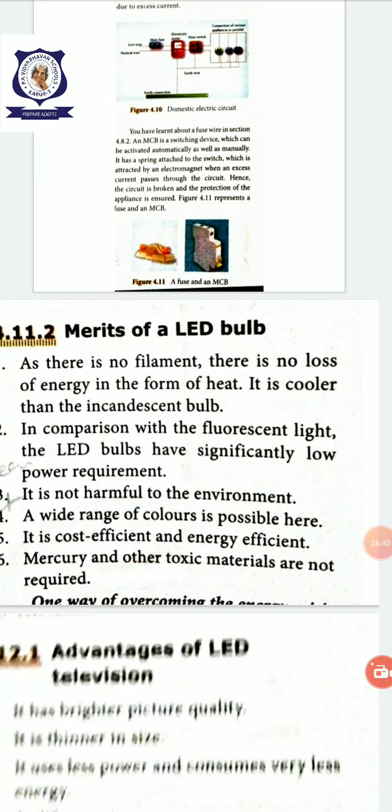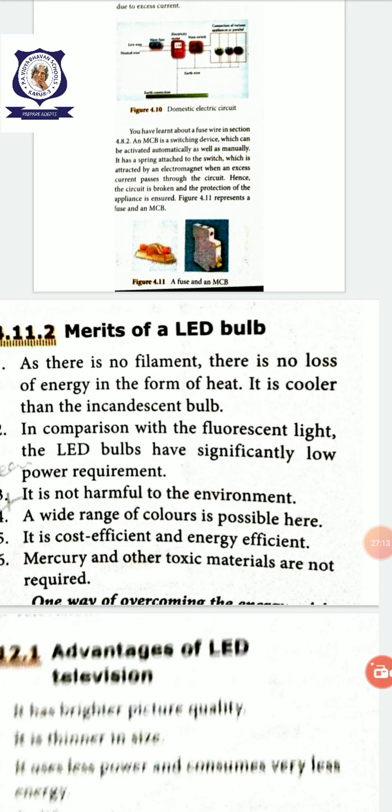For example, mercury vapor is filled inside the bulb. If the bulb bursts, the mercury vapor may come out and cause toxicity to the environment. Normally mercury is a toxic material, so these types of toxic materials are not used in the LED bulbs.